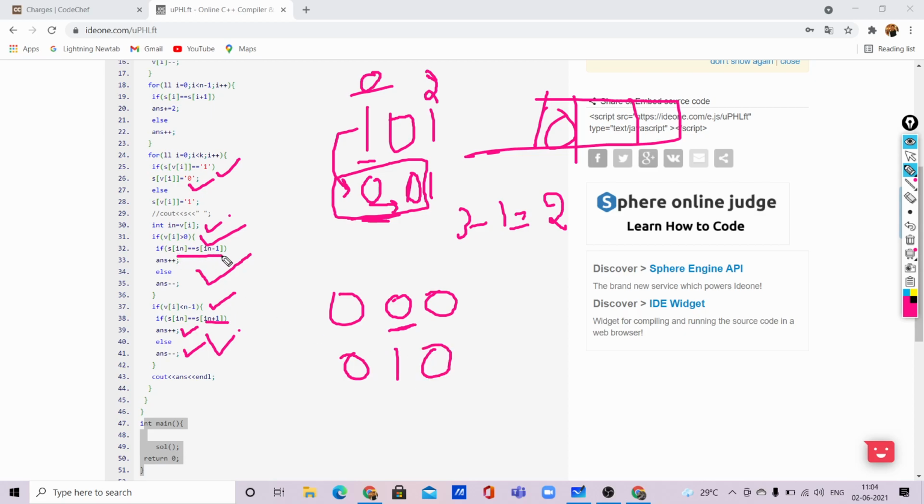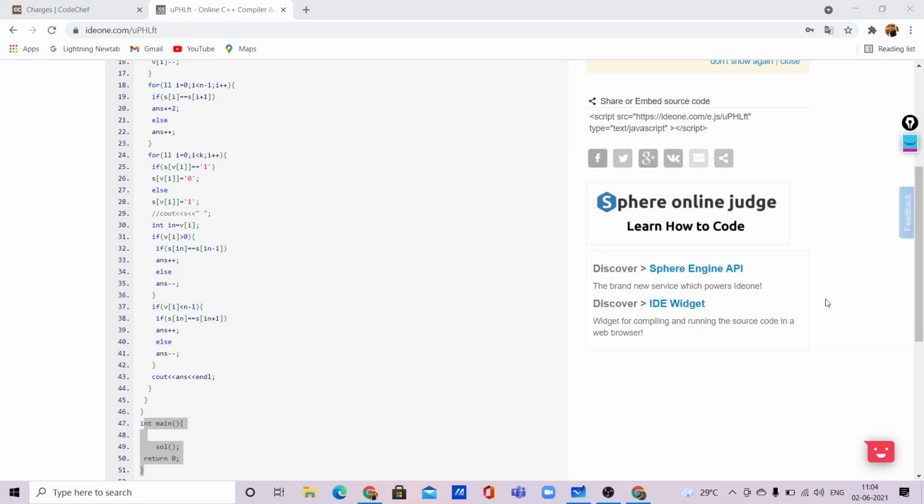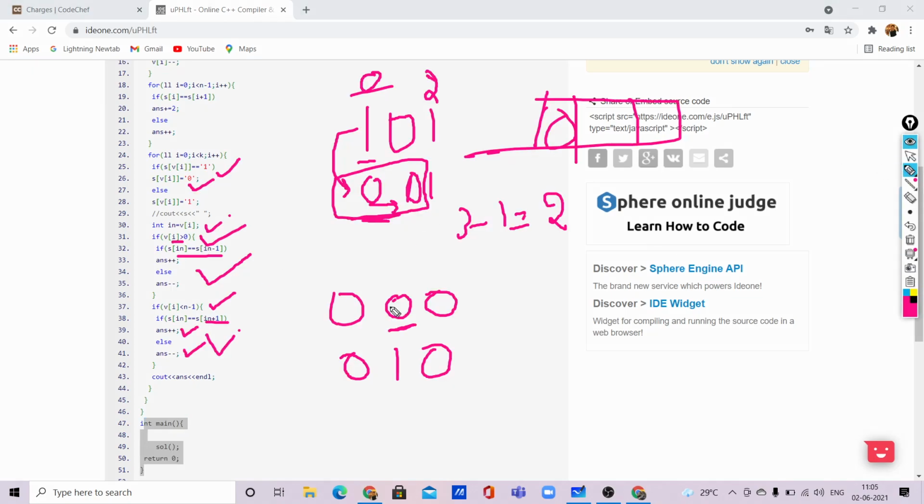Now i is greater than 0, since the index is 1, so we have to check the left side as well as the right side. s of i equals s of i minus 1 means it was equal before, so we have to decrement by 1.